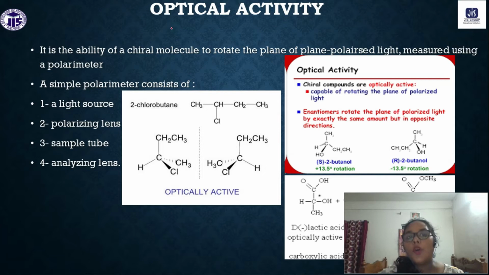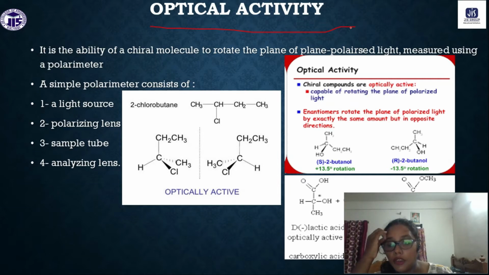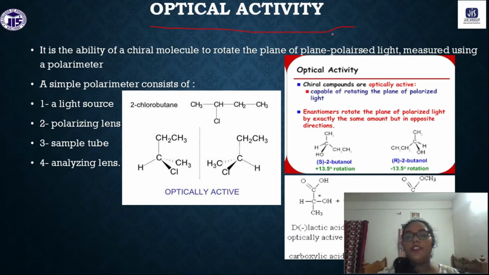Now optical activity. Generally chiral compounds which can rotate plane polarized light are called optically active compounds. Now what is plane polarized light?